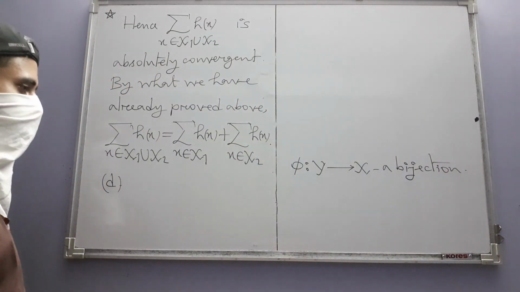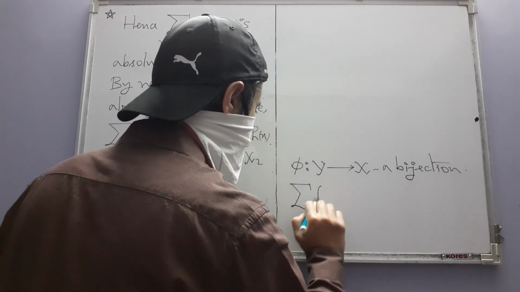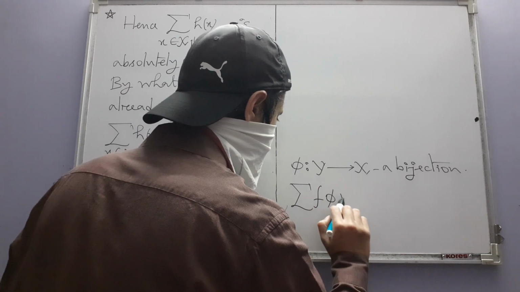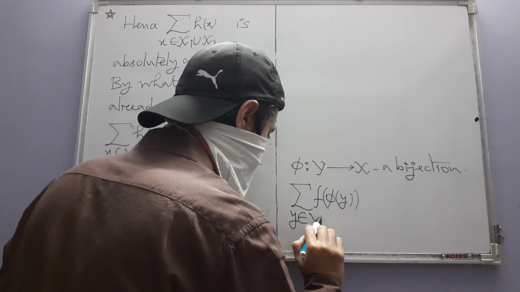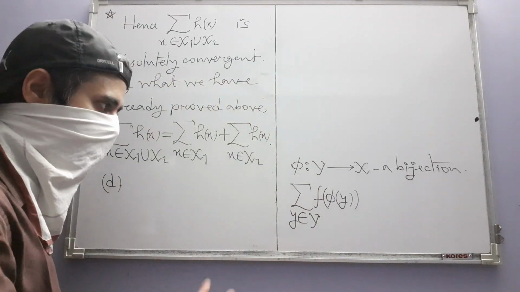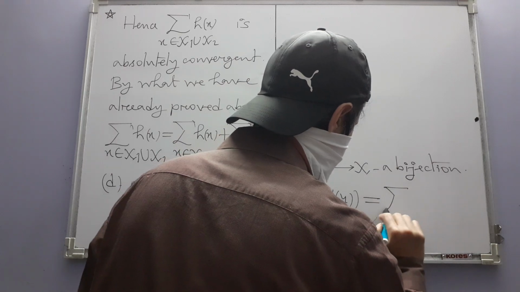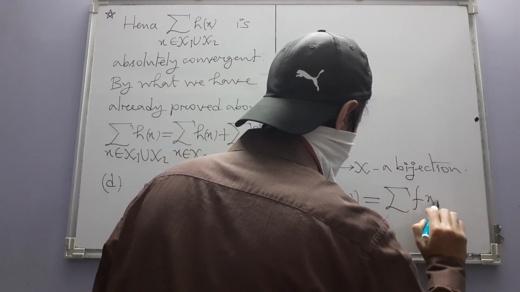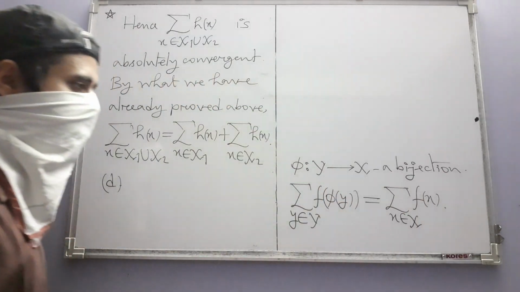Then we have to prove that this sum is absolutely convergent and its value is equal to the value of the original sum.